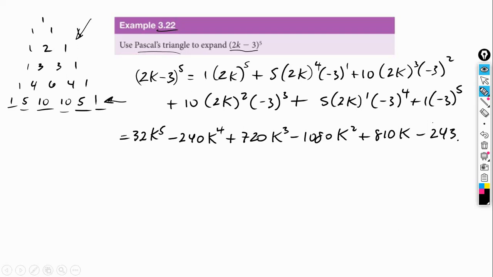So like I said before, this method is inefficient if we want to do an expansion of, say, (x plus y) to the 20, because then we would have to continue doing Pascal's triangle, and this would just take too much time, right? So let's take a look at something called the binomial coefficient.